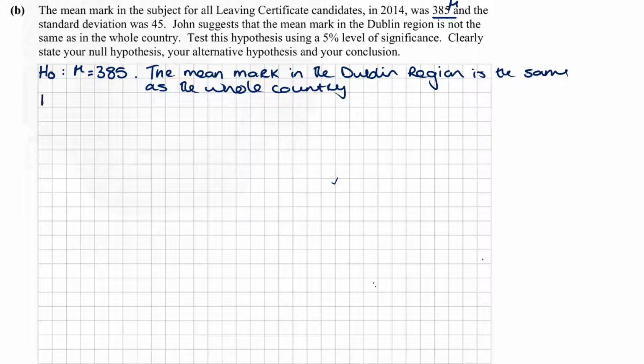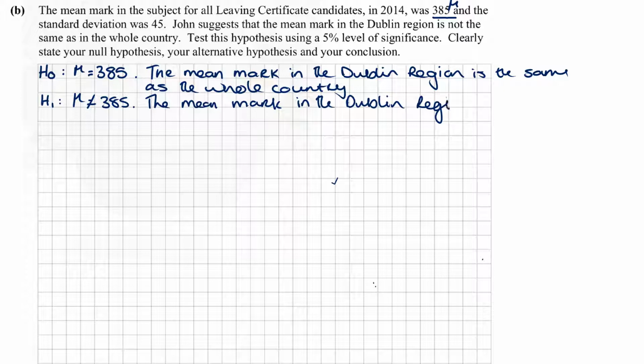Our alternative hypothesis then, mu does not equal 385. So the mean mark in the Dublin region is not the same as the whole country. Okay.